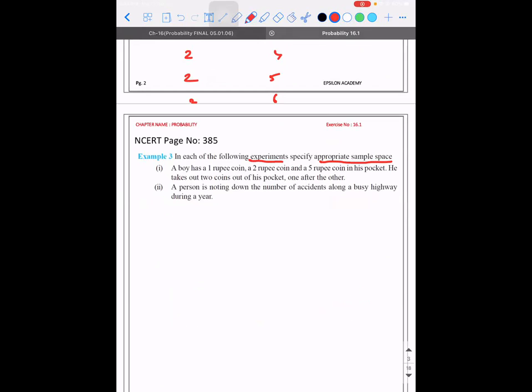So how to solve this? A boy has a 1 rupee coin, 2 rupee coin, and 5 rupee coin. So each coin is going to have how many outputs? He takes 2 coins out of his pocket.